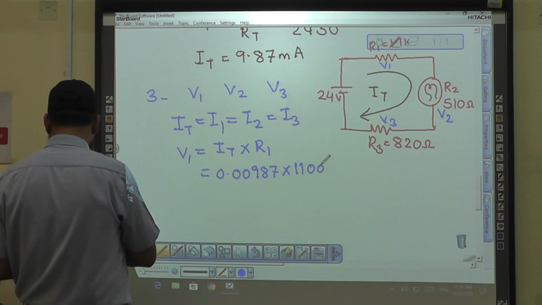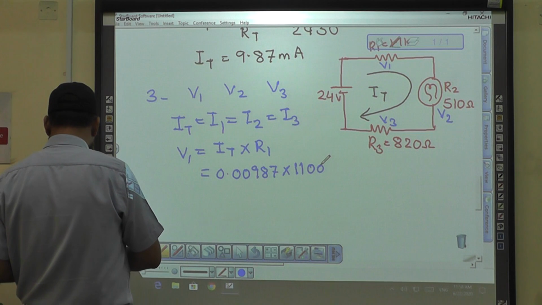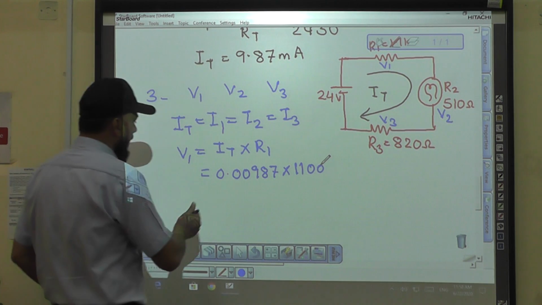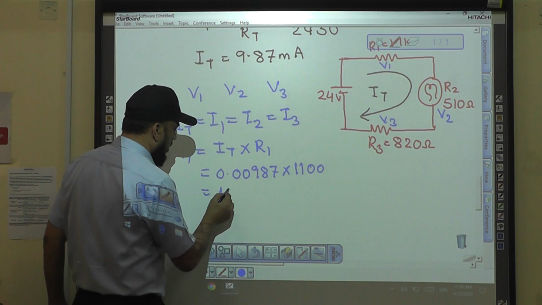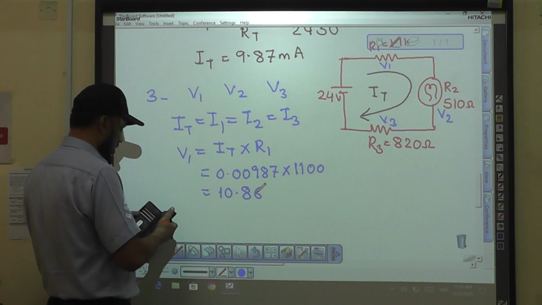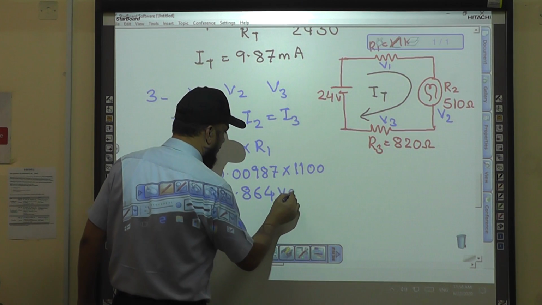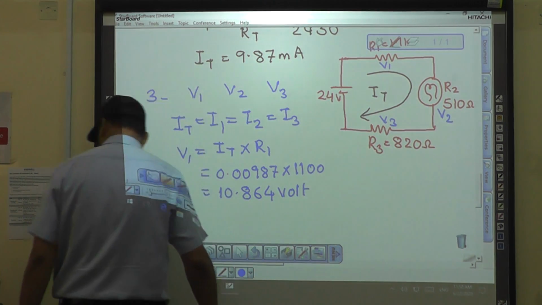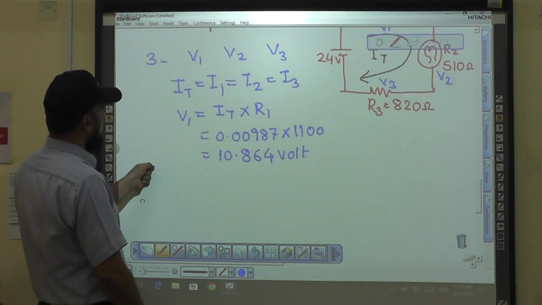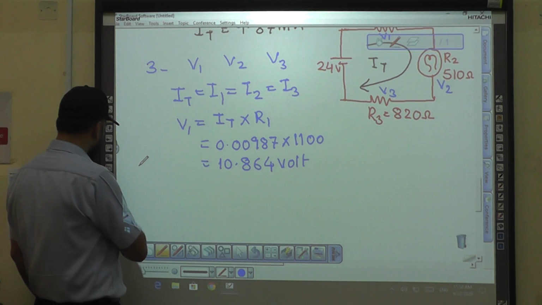This is 10.86. What is the unit? Volt. So we calculated V1.